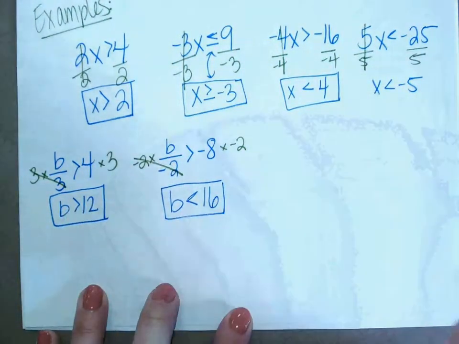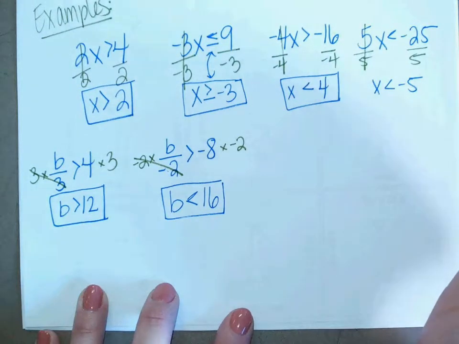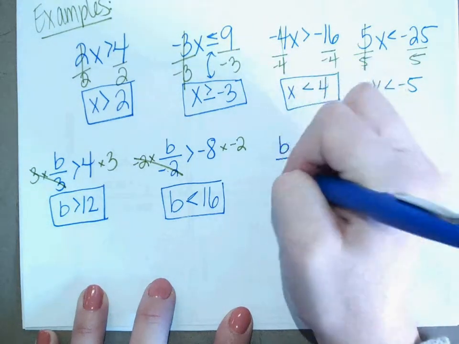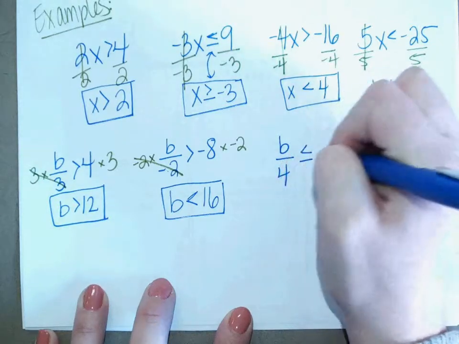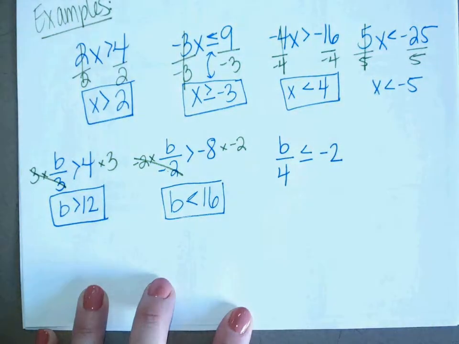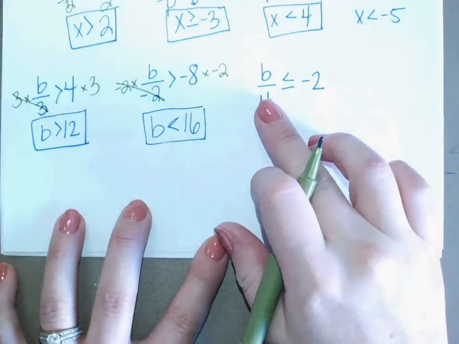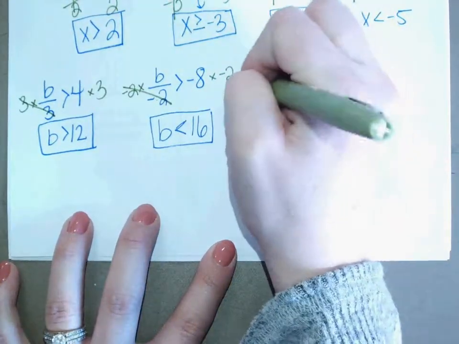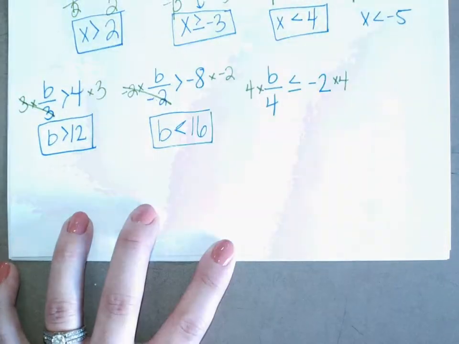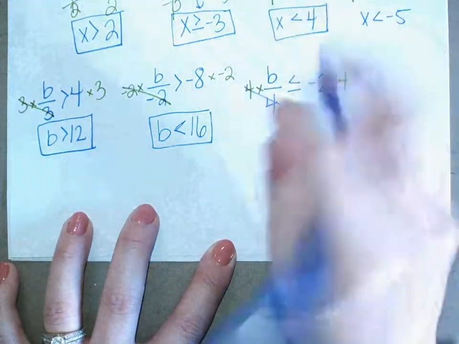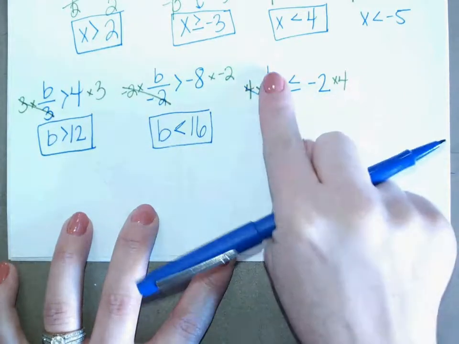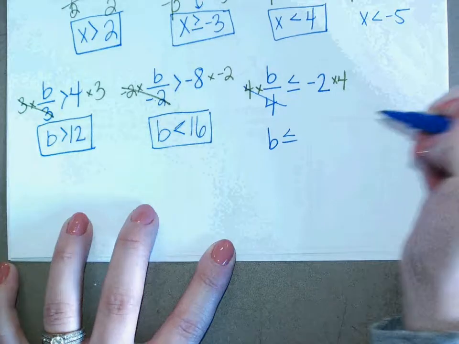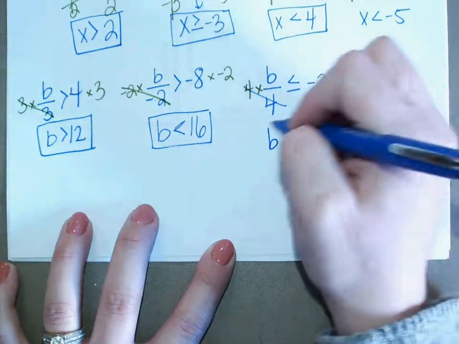Right, so we had both positive, we had both negative. All right, how do you solve for b? Multiply by 4. Are we changing the sign? No, because this and this is positive. So b is less than or equal to negative 2 times 4, which is negative 8.